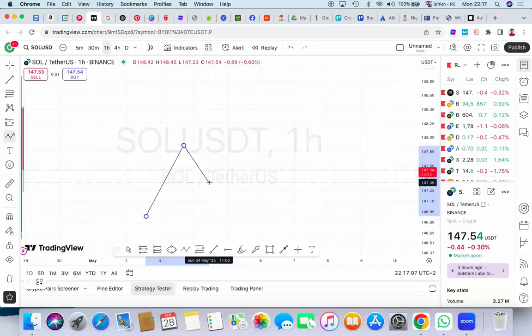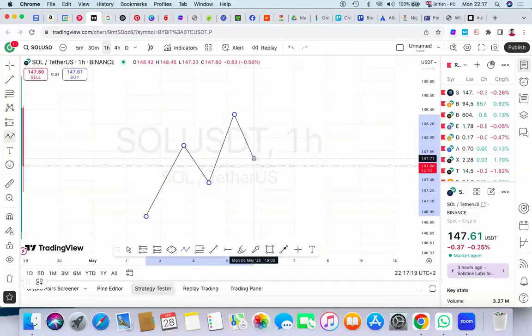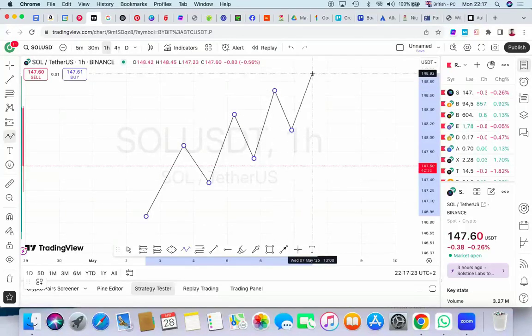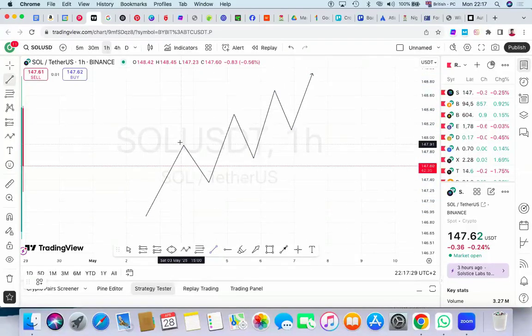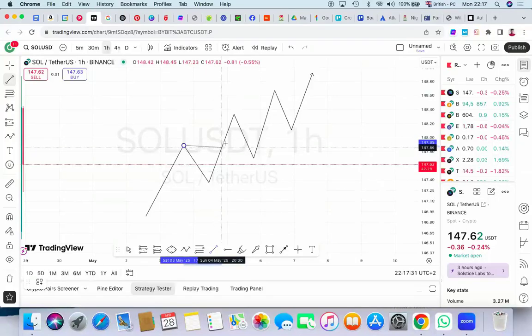So now, we drew on our chart right now an uptrend. So I'm drawing the same thing here. Let me go fast because we don't have much time. We're even almost getting close. So now you have a structure like this. Let me go fast. So you have your break of structure.